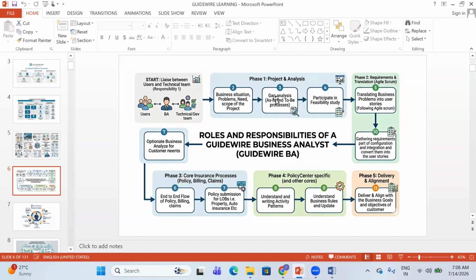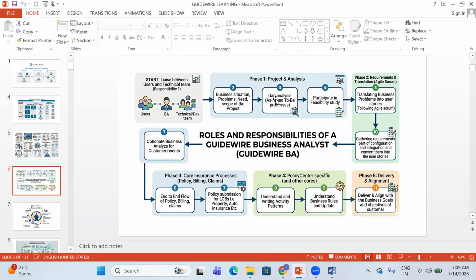Based on that, we must have knowledge of the end-to-end policy, billing, and claim flow. If you don't know the flow, we won't understand where the requirements are and what exactly the problem is. The functional UI flow is something we require, and you will learn that under Guidewire Business Analyst.